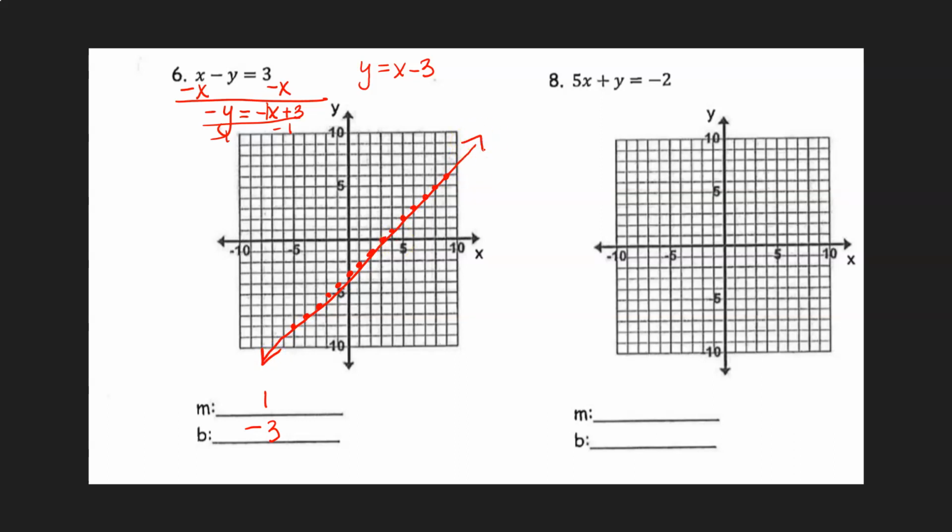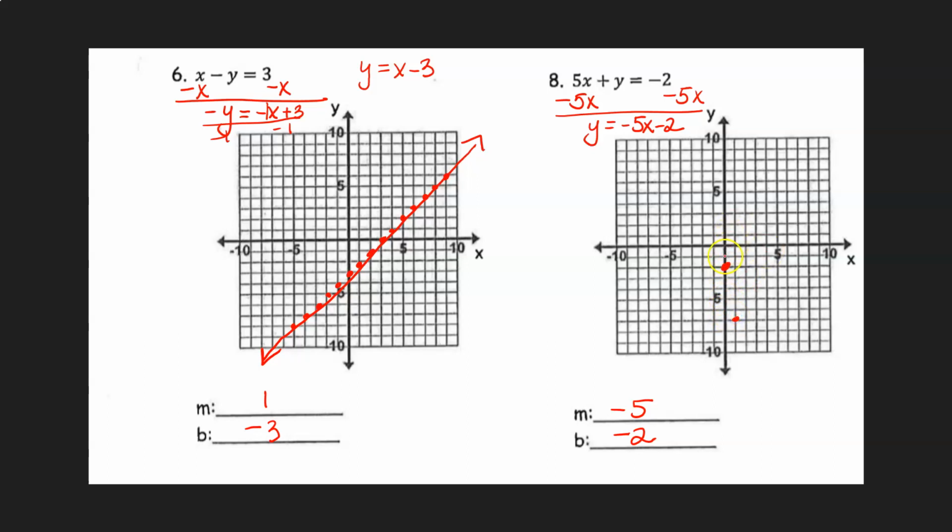All right. Number 8, we have to rearrange this, but it's not as much work because the only thing I need to do is use the inverse operation to bring that 5x over to the other side. Subtract it. So my slope is -5. My y-intercept is -2. I'm going to start right there, and I'm going to go down 5, right 1.